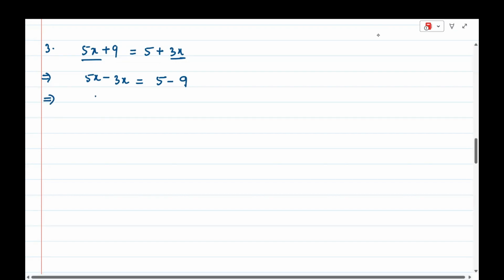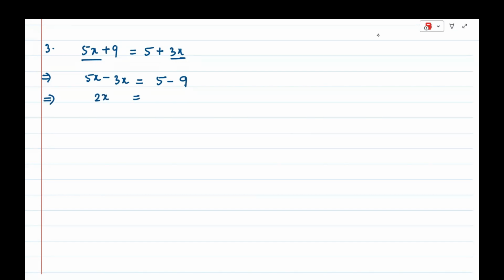Now, 5x minus 3x is 2x. And 5 minus 9 is minus 4. Here, 2 is in multiplication. On the other side it will go for division. Do the cutting. 2 ones are, 2 twos are. So here, x is equal to minus 2. Minus 2 is the answer.